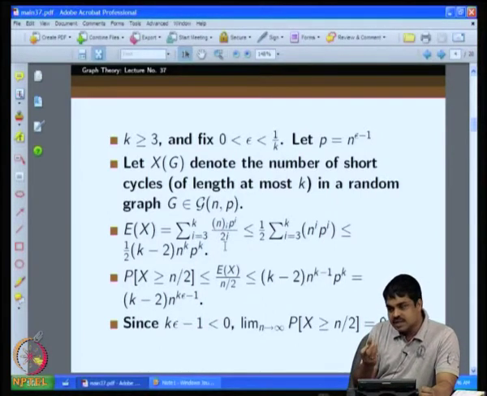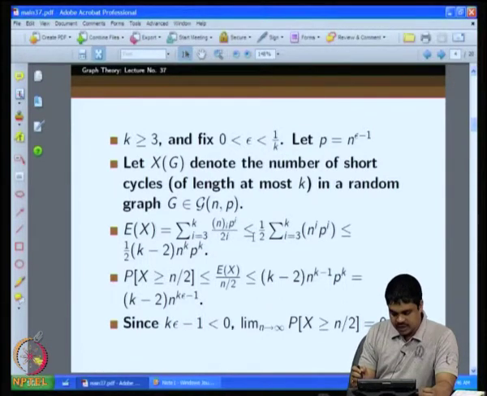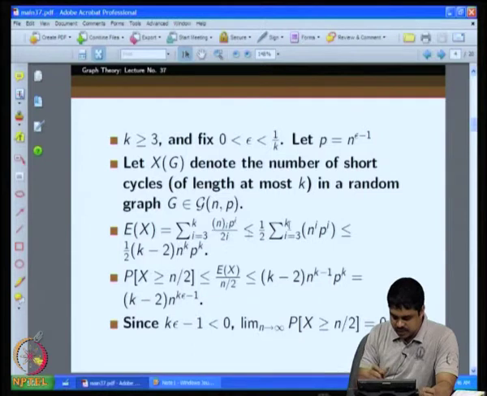We can see that it is the expectation for the number of i length cycles, i equal to 3, i equal to 4, up to i equal to k. So, k minus 2 different random variables are defined, and if you sum up those you will get x. To get the expectation of x you can sum up the expectations of the separate random variables for each i.